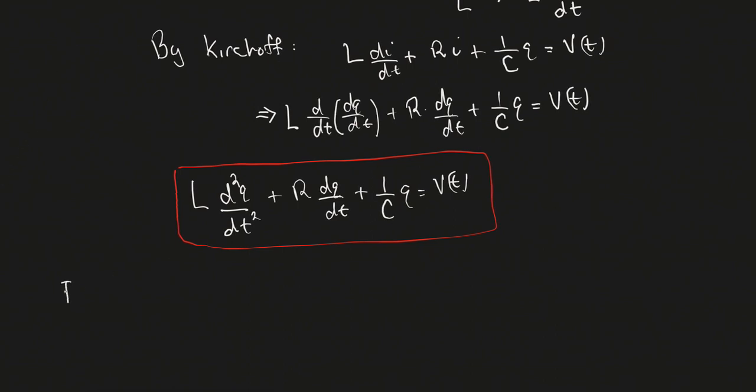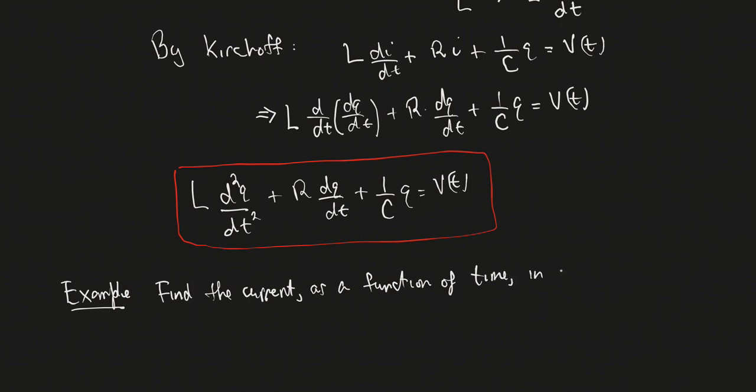All right, so let's take a look at this example. Find the current as a function of time in an RLC circuit with, let's say, L is equal to 1 Henry.